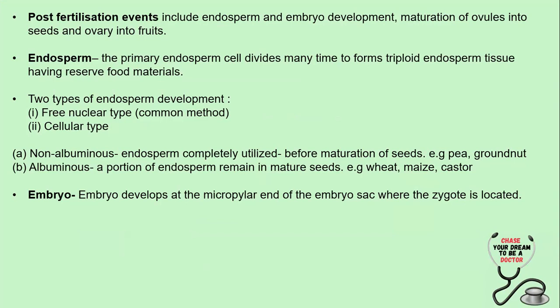Endosperm is actually triploid in nature. There are mainly two types of endosperm: free nuclear endosperm, which is the common type, and the cellular endosperm.